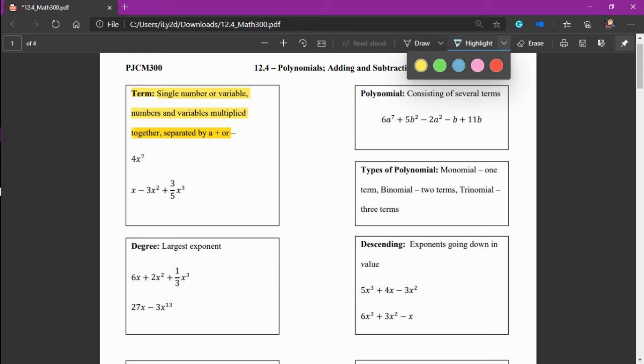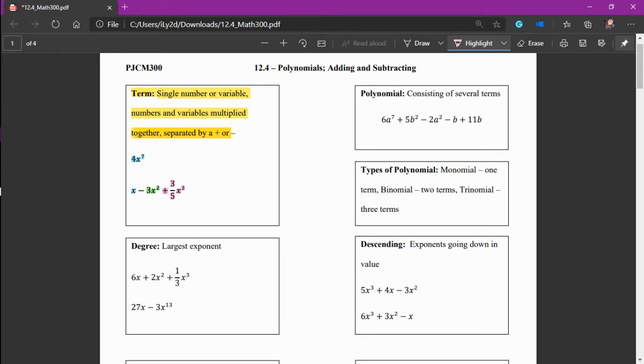So, for example, my 4x to the 7th power would be a term. That's actually a 4 multiplying an x that's being raised to the 7th power. For this example right here, I would have 3 terms. I would have a positive x, a negative 3x squared, and a positive 3/5 x cubed.